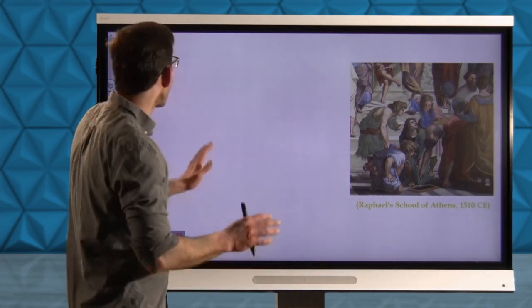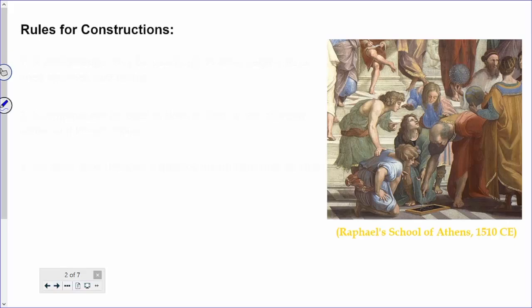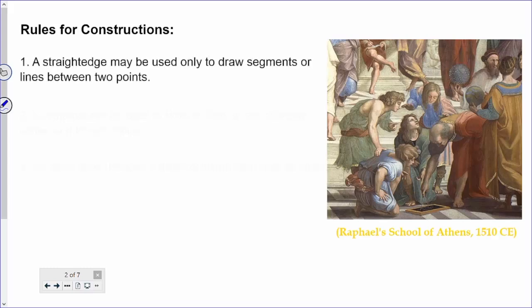Now, there are rules for constructions, and those rules are really quite important. One of the rules is that a straight edge may be used only to draw segments or lines between 2 points. That straight edge will almost always be a ruler, but you will never use it to measure things. You will only use it to draw a straight line segment, and that's it.